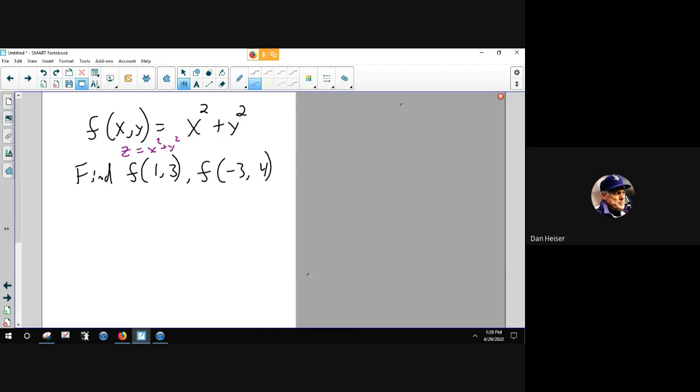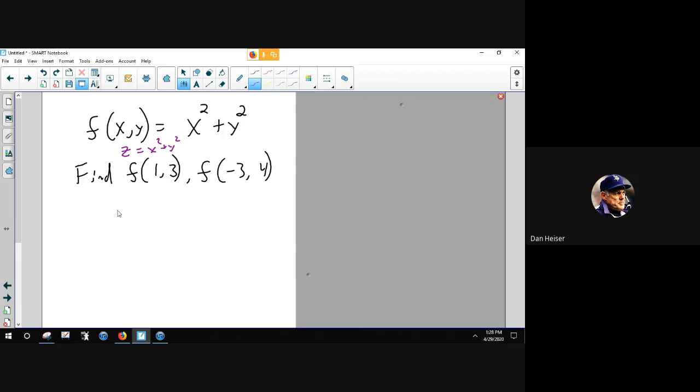With just regular f of x, we're plugging in a value and we're getting a value in return. So we finish with an ordered pair. With a function like this, we're giving it an ordered pair and we're getting a third value. So we will finish with an ordered triple.